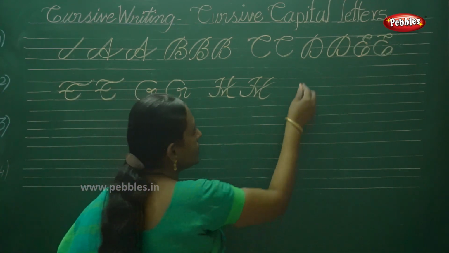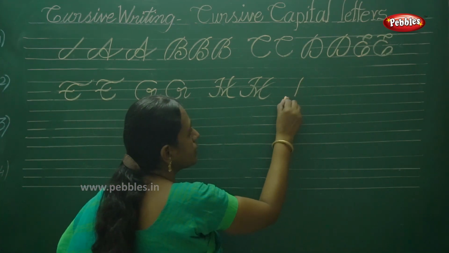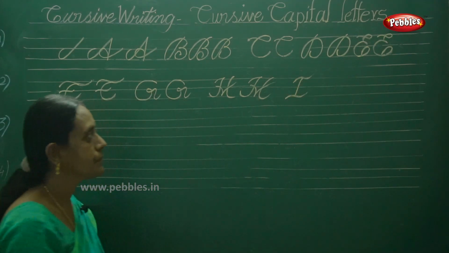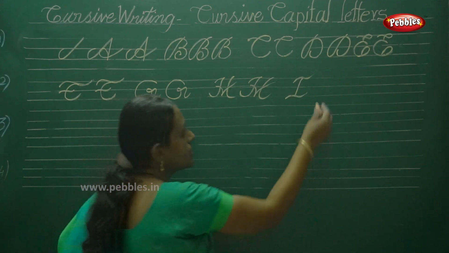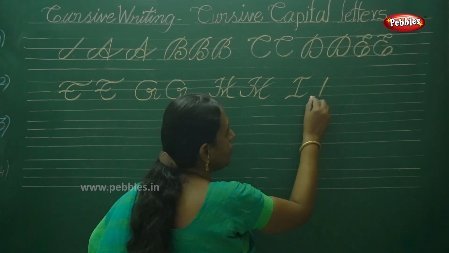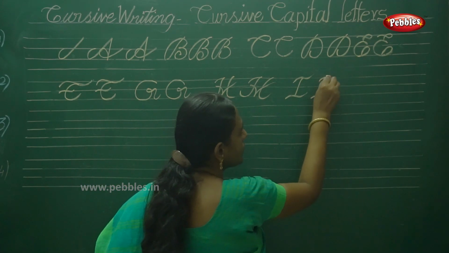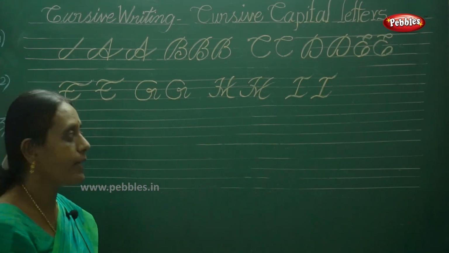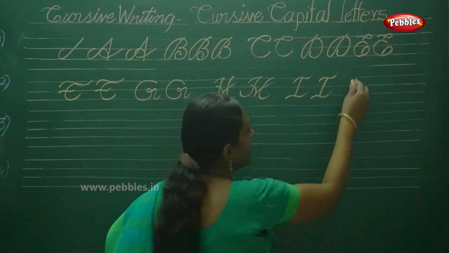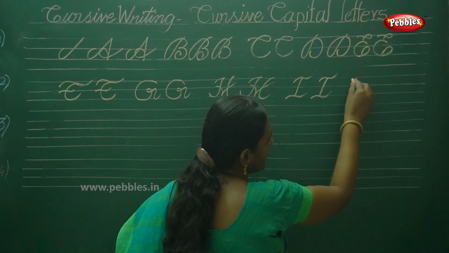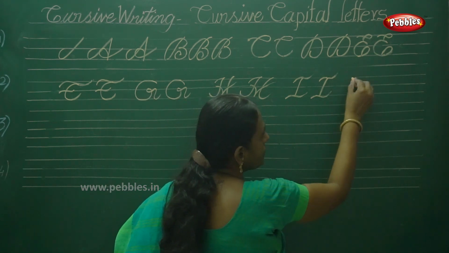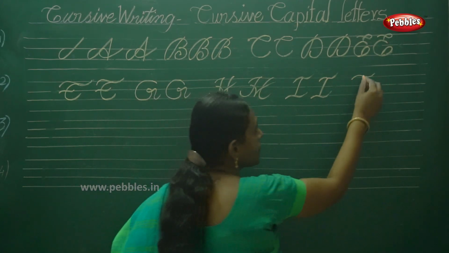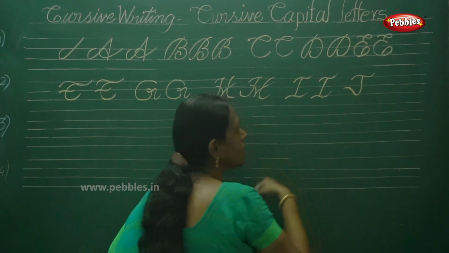And I. Similar slanting line, one wave-like stroke, upper wave and lower wave, that is I. Then J, that's also similar to the previous stroke. Draw this and this one.